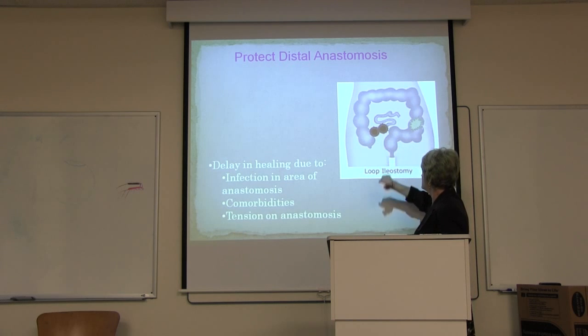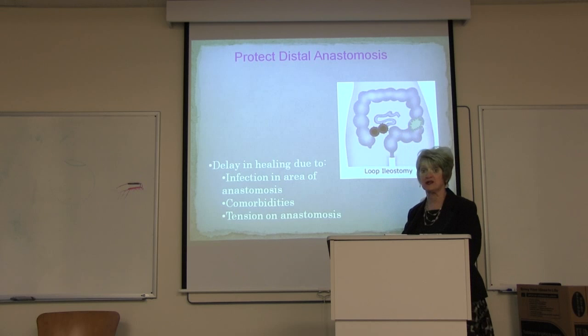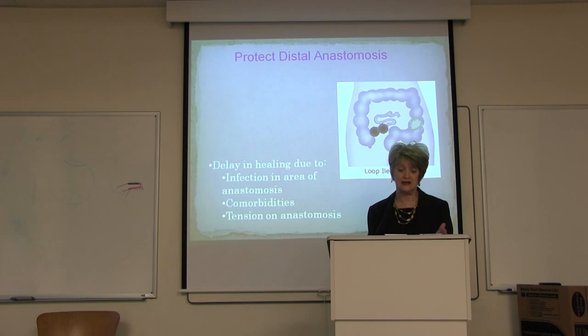You see your loop ileostomy here is done to protect this anastomosis, to give it all the time that it needs to heal. So you're likely to see a loop ileostomy in a patient who has had a colon resection and a reanastomosis, and the surgeon is protecting that anastomosis.